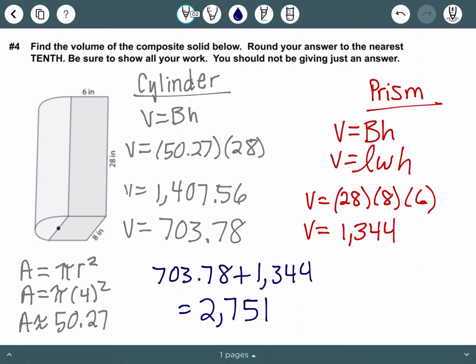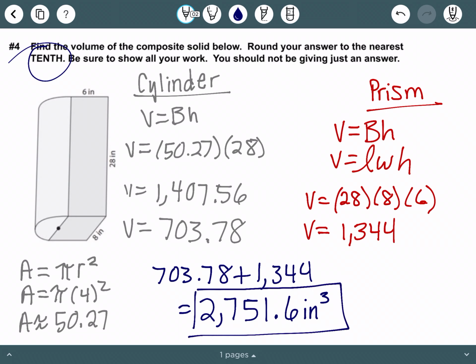But since we're rounding to the nearest tenth, as it says up above, let's just round that to a sixth. And then we don't want to forget to label it as inches cubed. Okay, that's all for number 4.